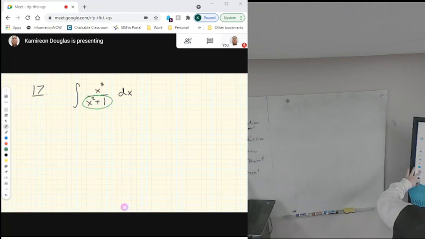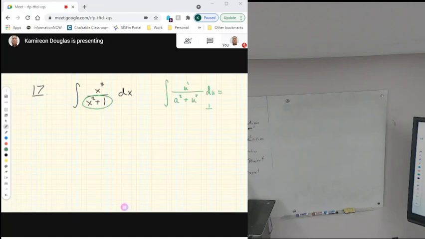If I go over here, the arctangent function says the integral of u prime over a squared plus u squared du is equal to 1 over a arctan of u over a plus c.